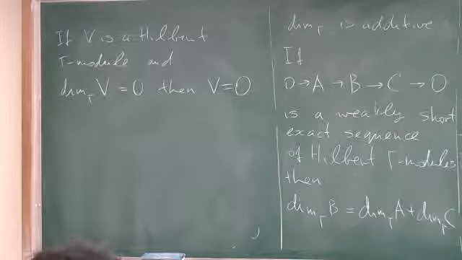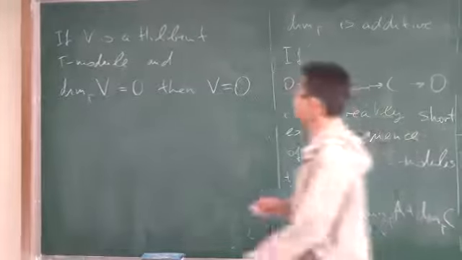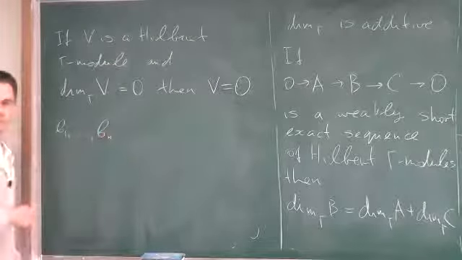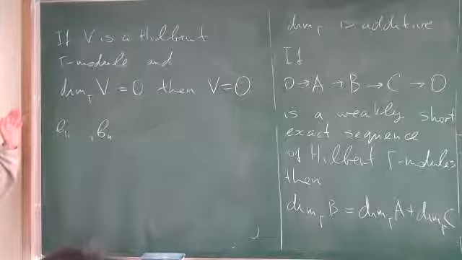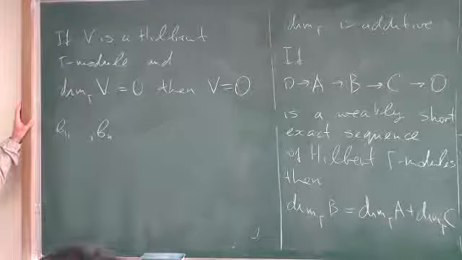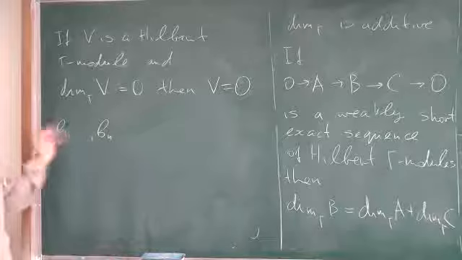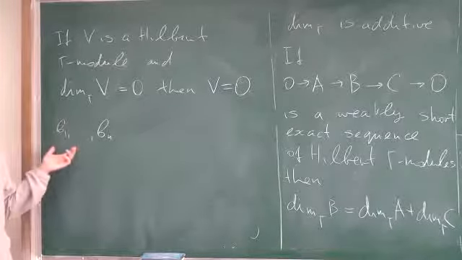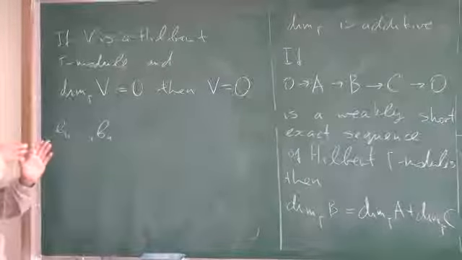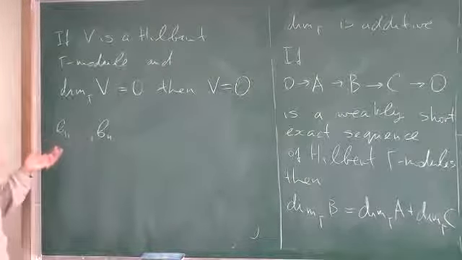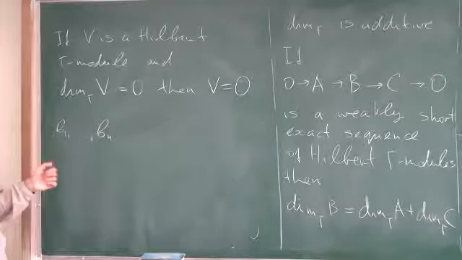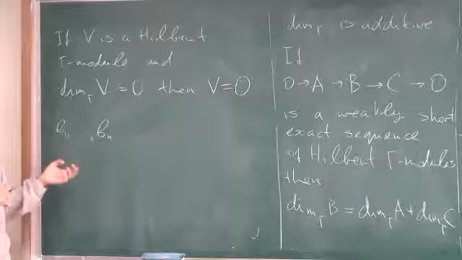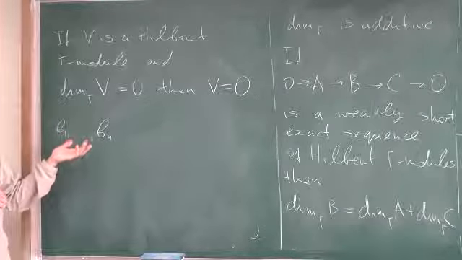If it's a non-zero vector space, remember we picked those B1, ..., Bn. That was the basis for some ambient space. But then you consider all possible translates of these, all possible gamma translates. So these vectors, together with all possible translates, give you a basis of the Hilbert space.